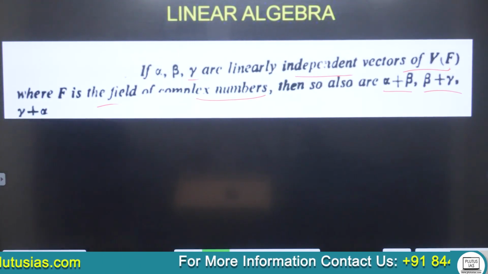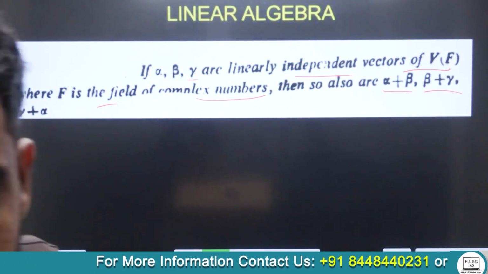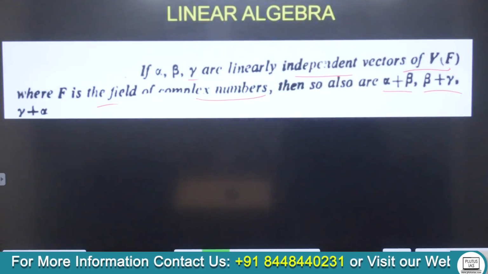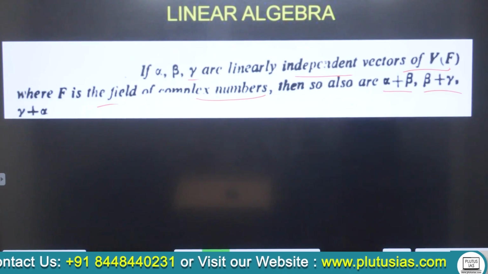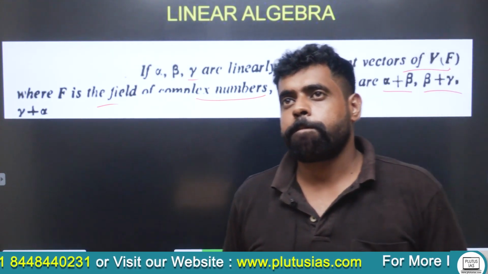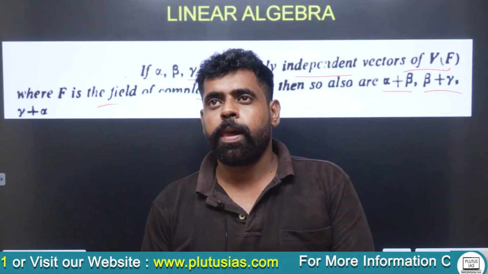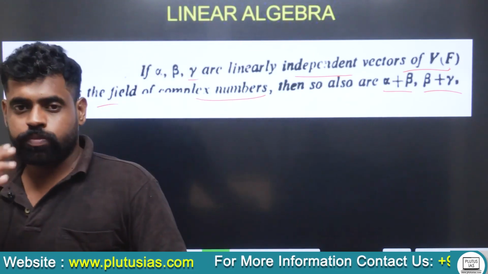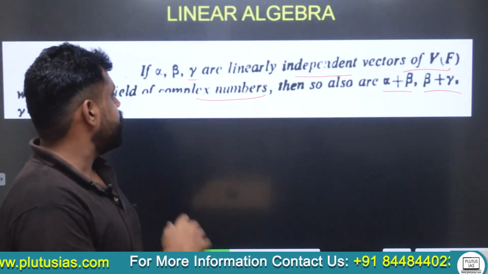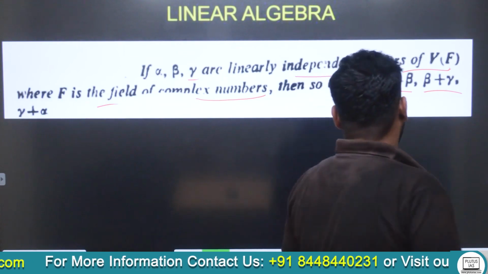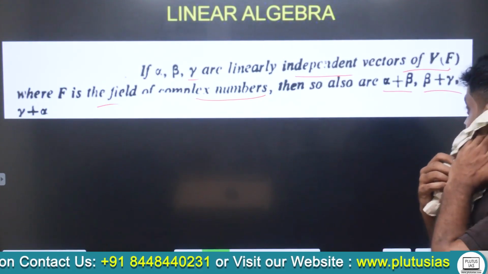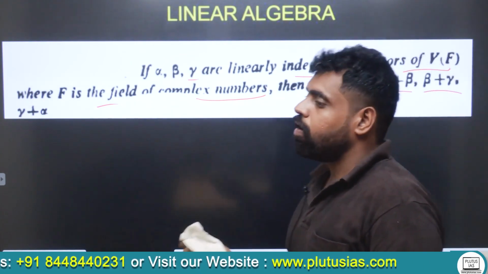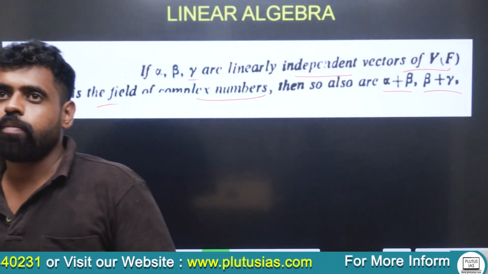Okay, please solve this question. Please solve this question. It says that if alpha, beta, gamma are linearly independent vectors of V(F), where F is a field of complex numbers, then so are alpha plus beta, beta plus gamma, and gamma plus alpha.